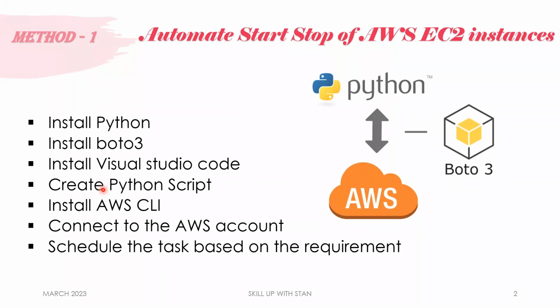You just need to know how to use this script, and that is more than sufficient. I'll also show you how to install the AWS CLI and how to connect it to the AWS Management Console and do all this automation. It is pretty straightforward and will take only 5 to 10 minutes. So follow along and I'll show you how to get it done.